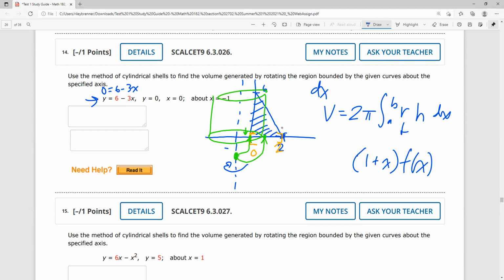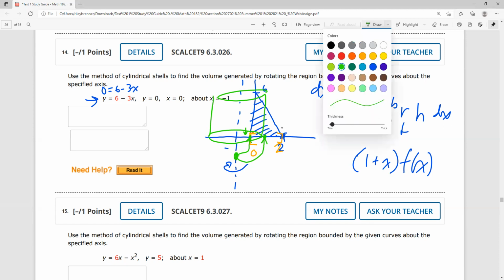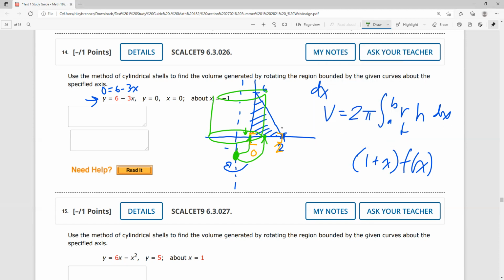A good way to think about it is to figure out what you need to add or subtract by: start from the axis of rotation and go to each of the endpoints. Then they both should be added or subtracted by the same amount to get the correct radius, right?